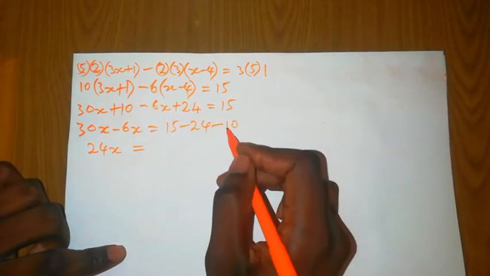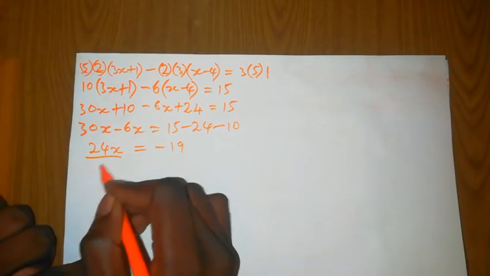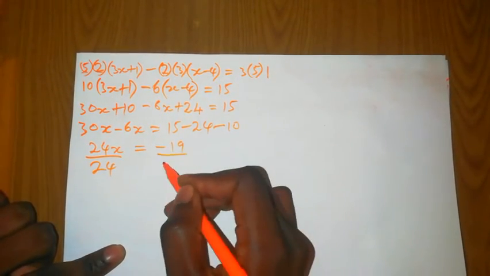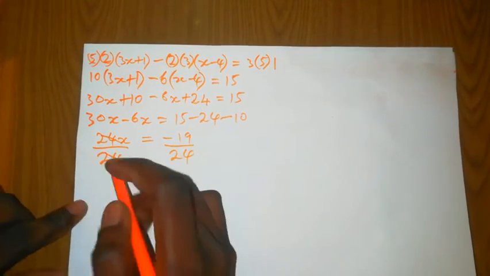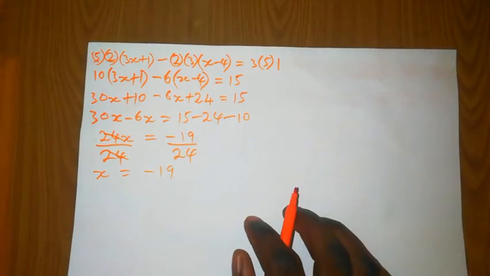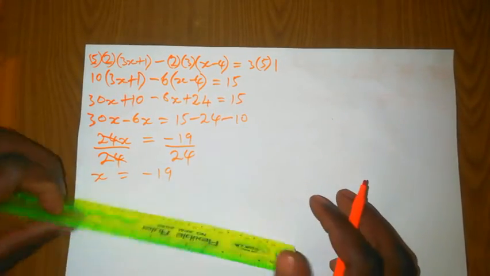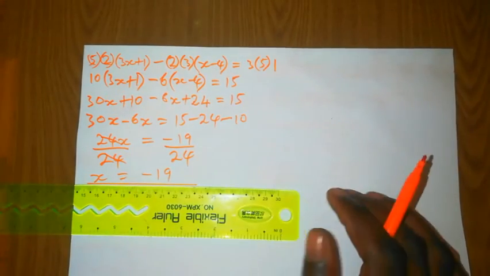I'm going to obtain negative 19 there. I divide both sides by 24. There's nothing I can do there. Then my x is equal to negative 19 over 24. That is my final answer. So that is method number 2 for solving that equation.